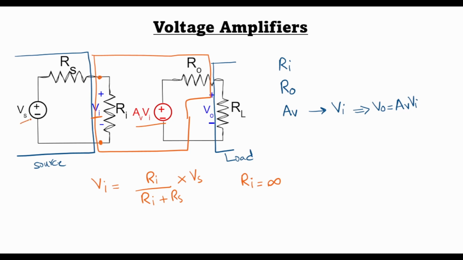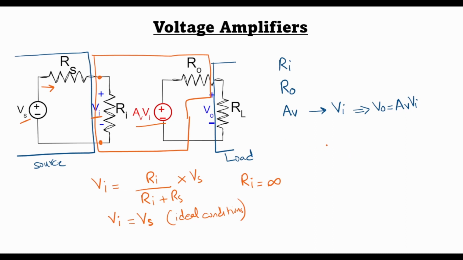Therefore, whatever the voltage Vs is, the source voltage, comes across these two terminals of the input impedance. So we can write that Vi is equal to Vs under ideal conditions. Since when Ri is infinity, no current is drawn by the source, and hence all of the input voltage Vs appears across the input impedance Ri.